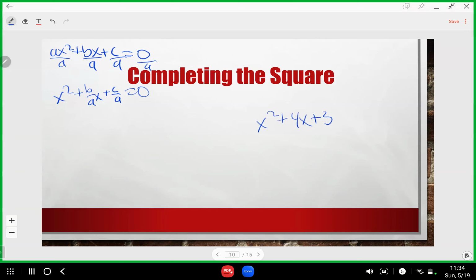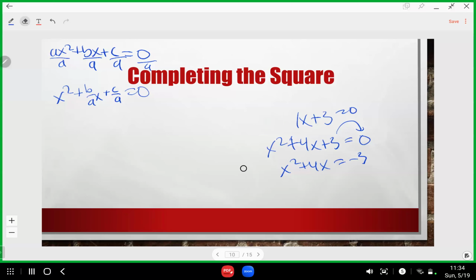This doesn't add up to the square, which is x squared plus 4x plus 4. So in this case, move this to the other side to get x squared plus 4x is equal to -3. And then you can add your 4 here and then complete the square.